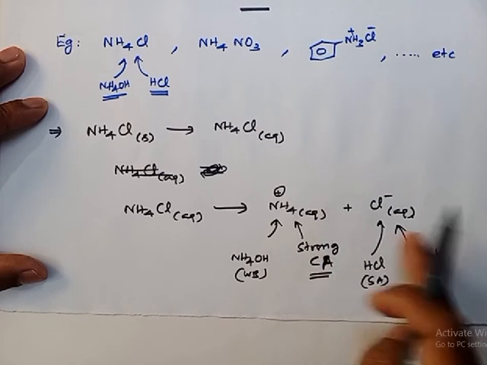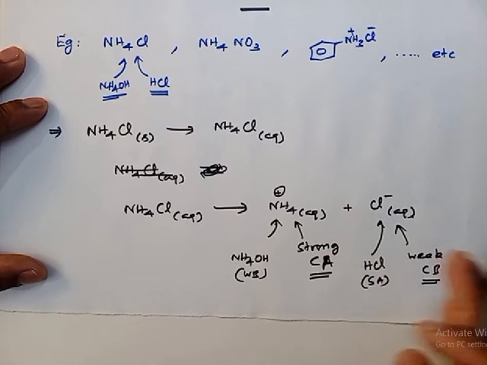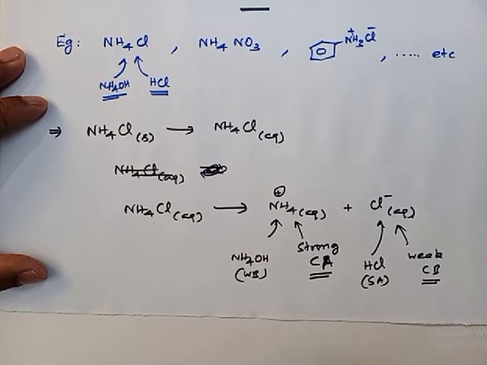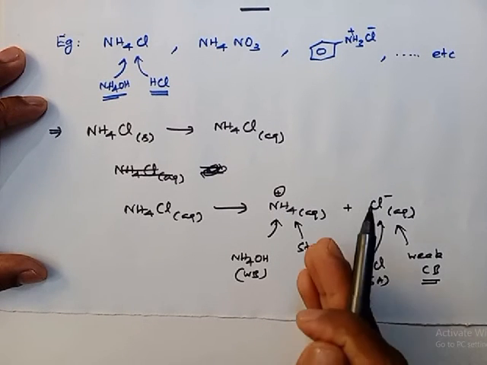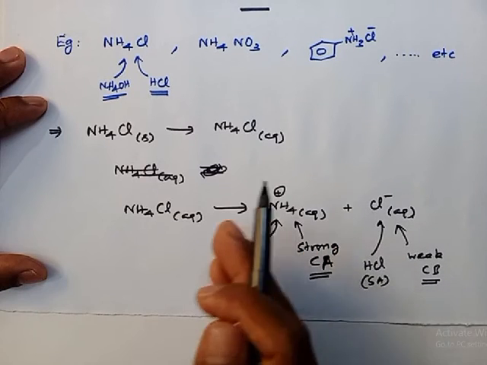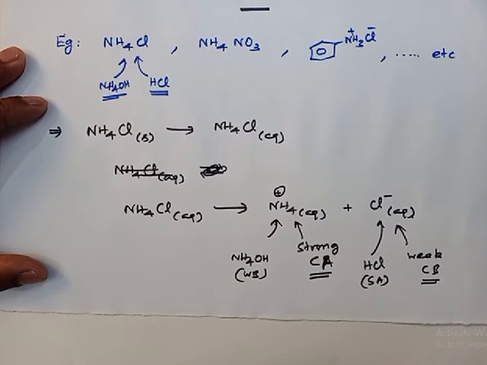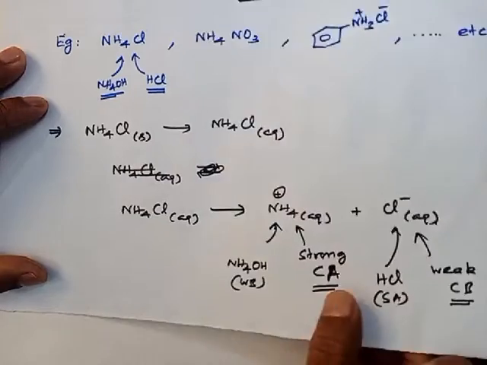If both ions are a weak conjugate acid and a weak conjugate base, then those salts do not undergo hydrolysis. That we know very well. Since ammonium ion is a strong conjugate acid, it will react with the water and hence the salt undergoes hydrolysis.